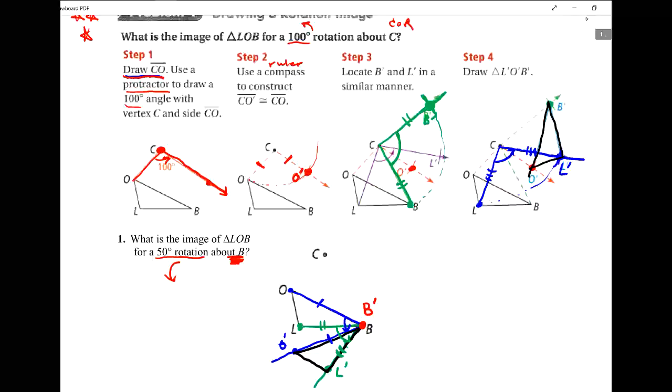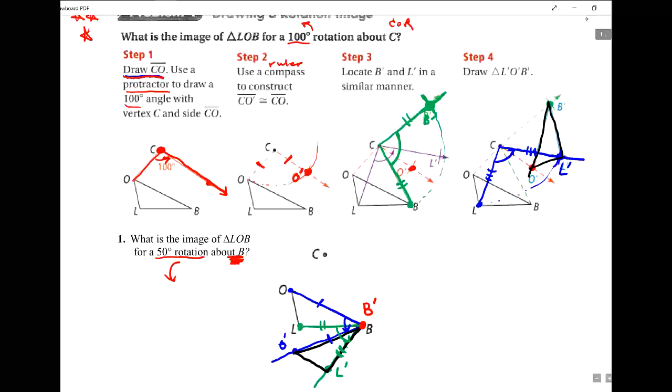And then I chose point O, and I drew a line from my center of rotation to point O. I took my protractor, measured 50 degrees counterclockwise, and then I took my ruler and measured the length of BO, and then I measured along my new line, and at the same point I put O prime because it is equidistant from the center of rotation.